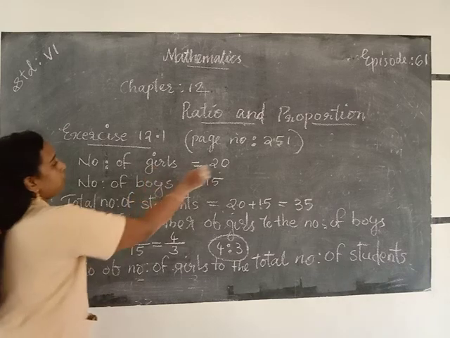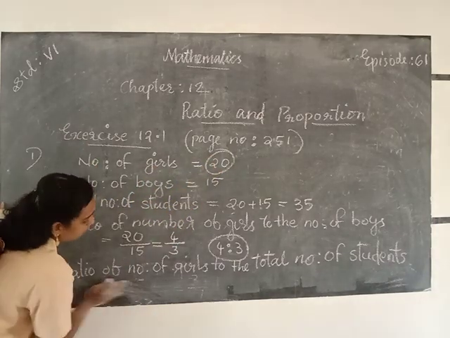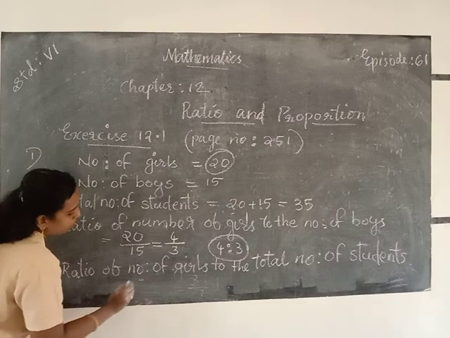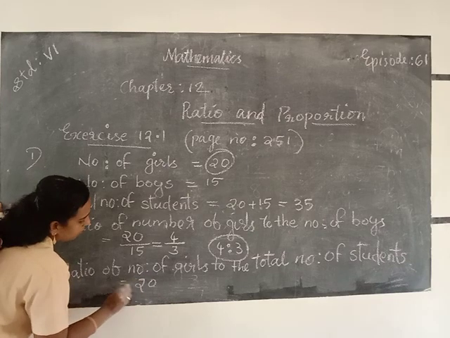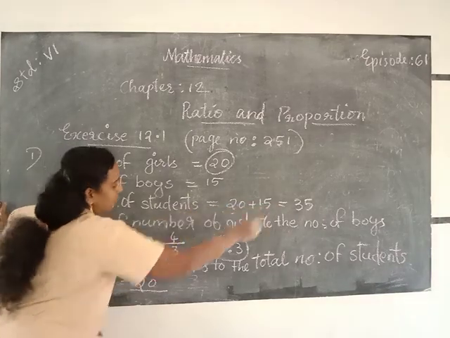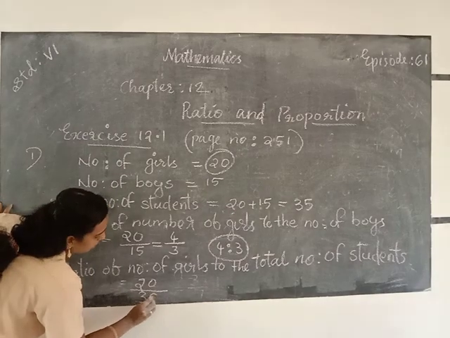Sorry, the number of girls is 20, not 15. 15 is the number of boys. So 20 divided by the total number of students, which is 35.